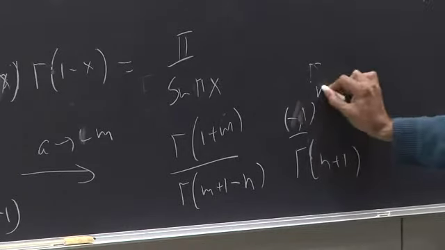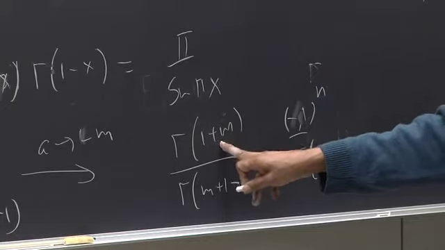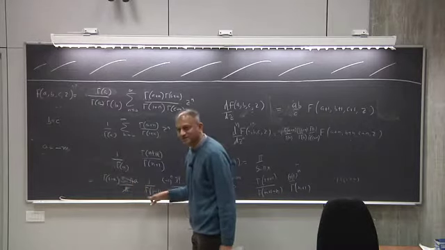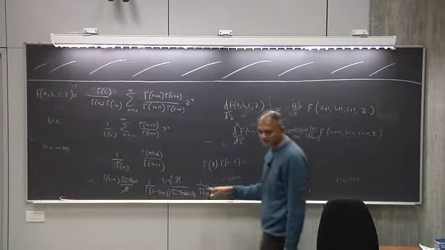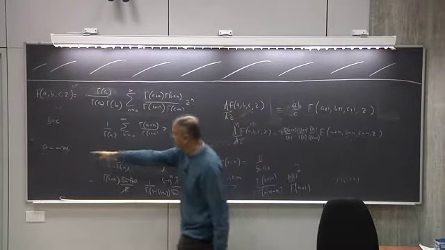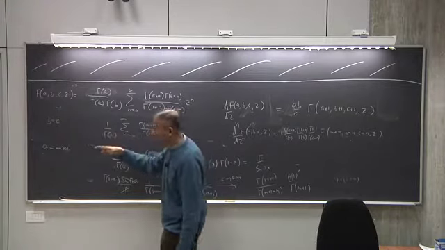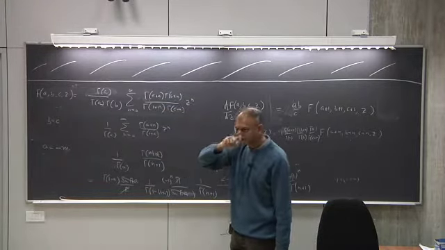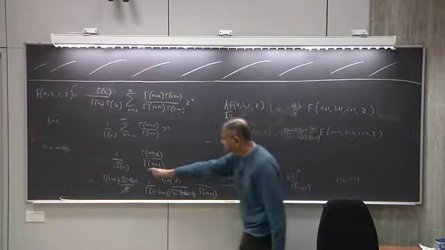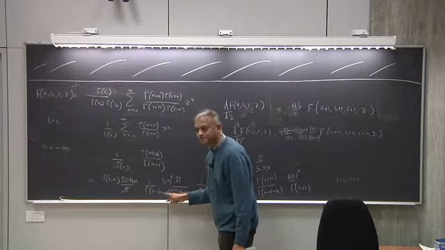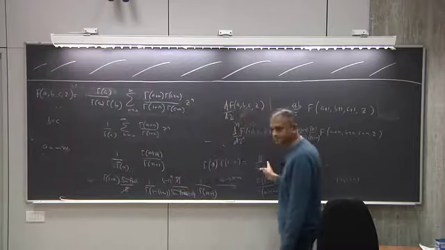Now there is no problem. I can take the limit, because each of them is finite. So this is the right way of doing it. Instead of blindly doing it, you have to take the limit, approaching a equal to minus m. It is better to convert it into positive arguments by using this identity.